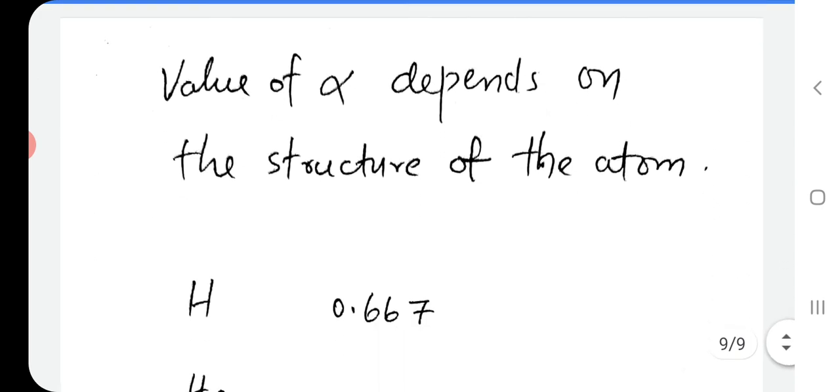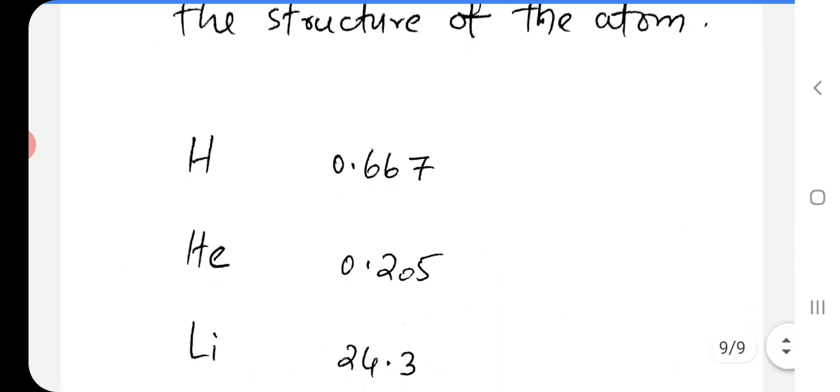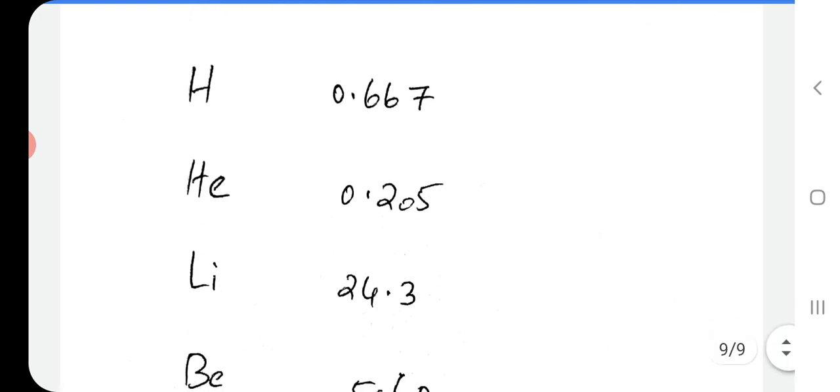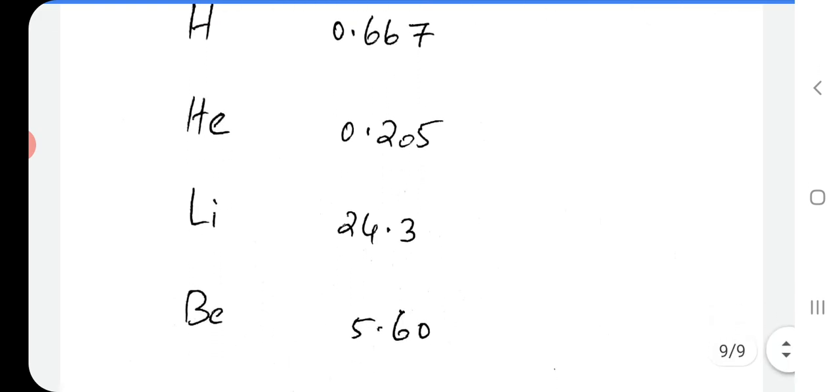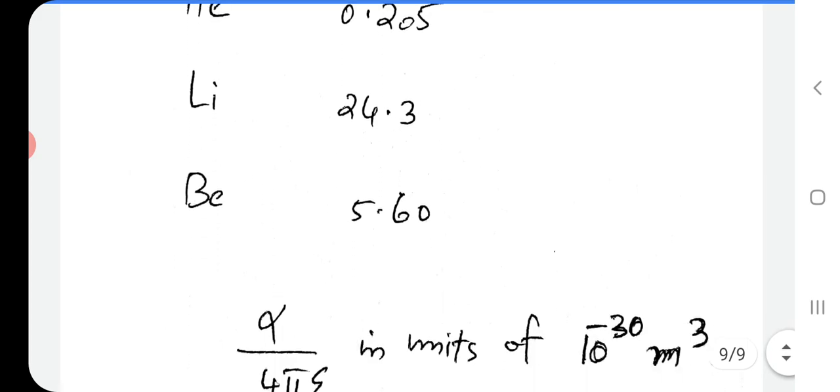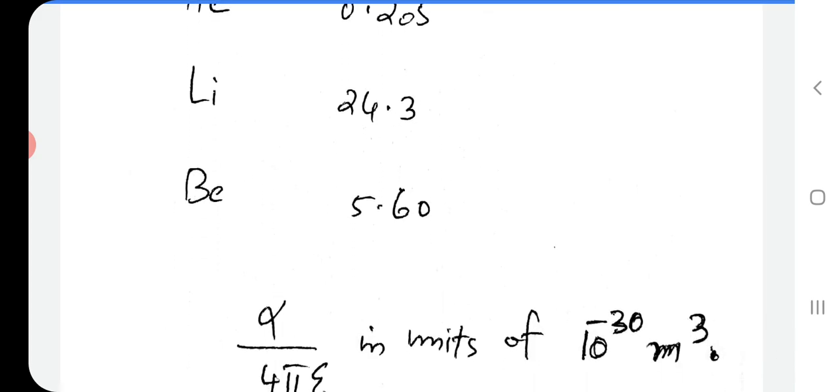The value of alpha depends on the structure of the atom. It will be different for different atoms. For hydrogen it is 0.667, for helium 0.205, lithium 24.3, for beryllium it is 5.60.